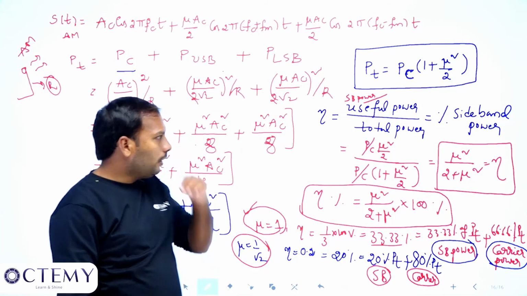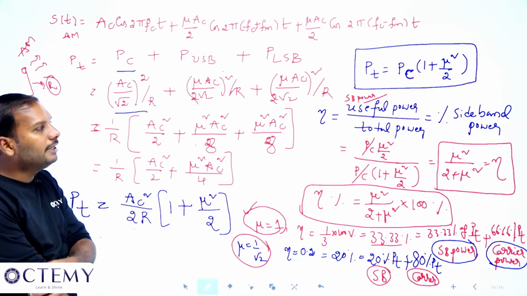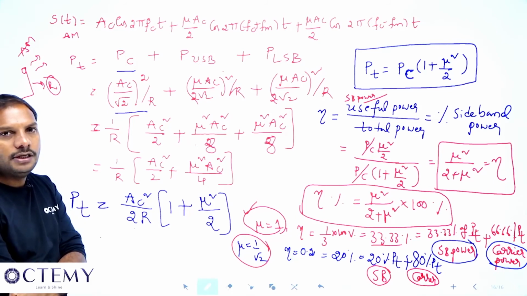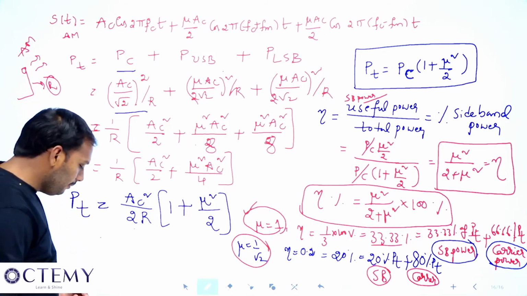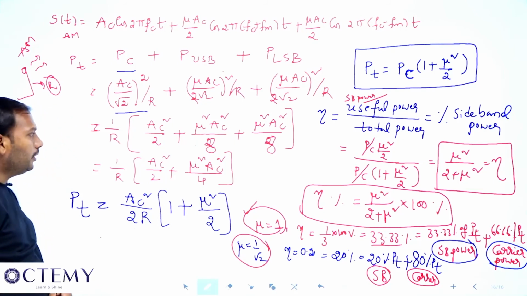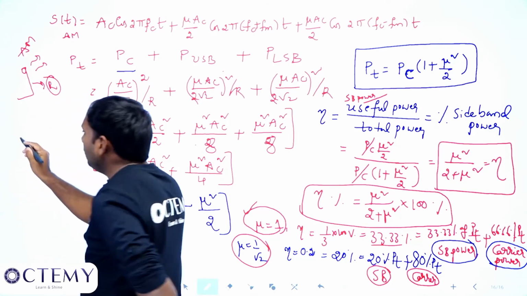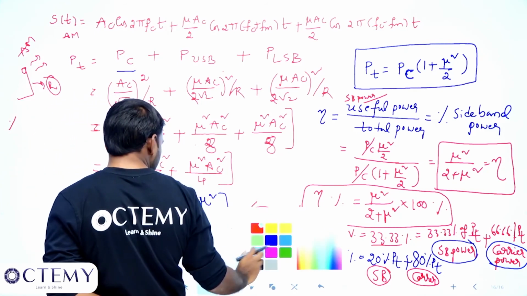Hope you understood the concept of efficiency, which is the percentage of the sideband power. Sometimes in GATE examination they will ask the percentage of the carrier power. See here, how will you calculate the percentage of the carrier power?